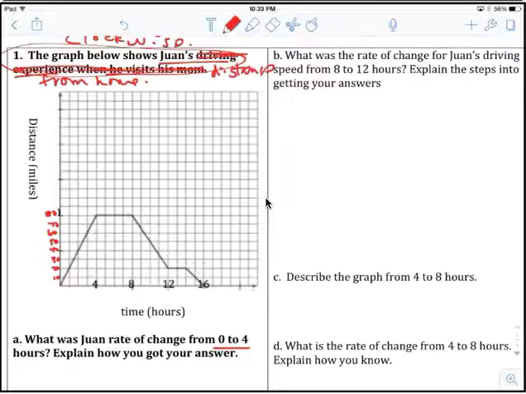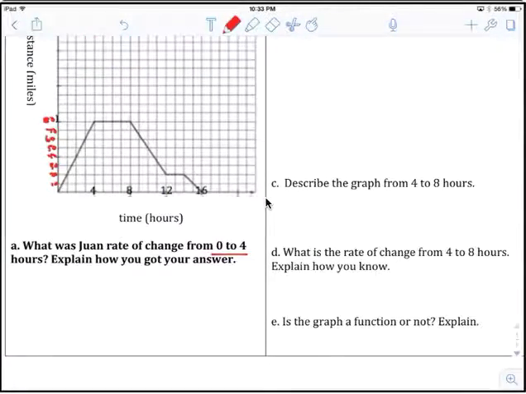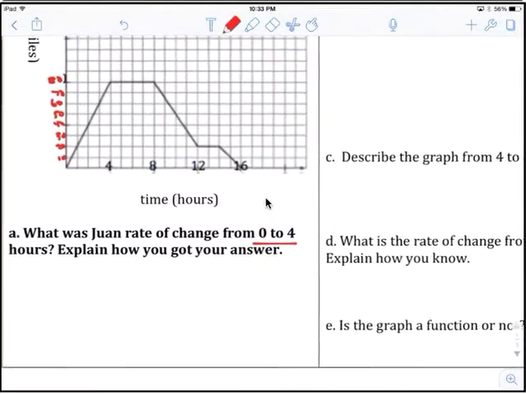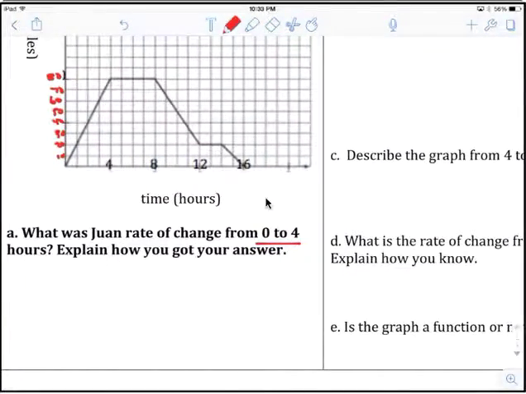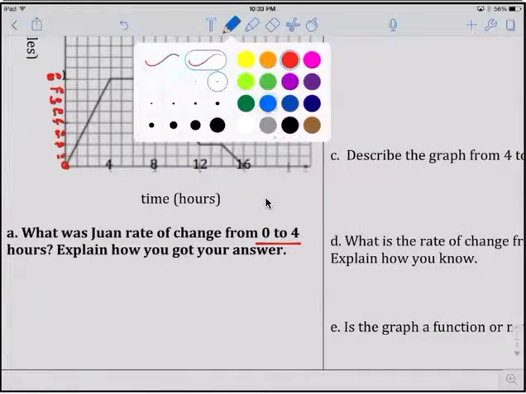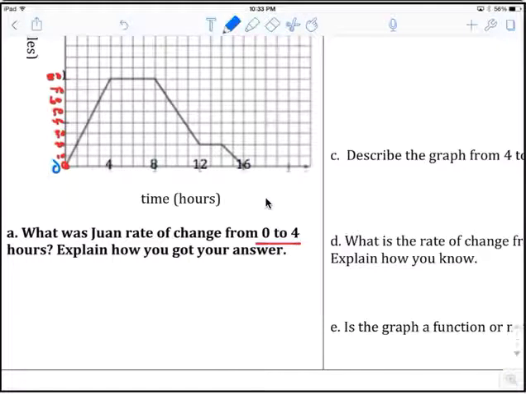Okay? So what's the rate of change from 0 to 4 hours? 0 to 4 hours starts out at 0 and ends up at 80. So 80 minus 0 over 4 minus 0 hours. It's 80 divided by 4, which is 20 miles per hour.